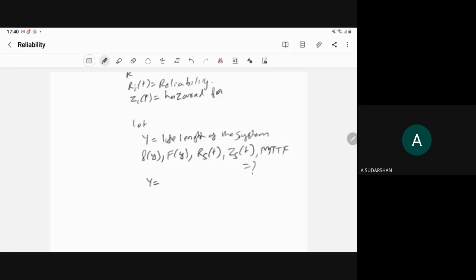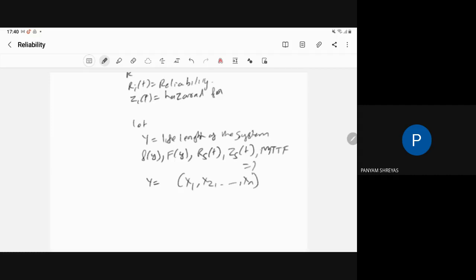Y is the life length of the system. How is it related to the life length of the components? Anyone? Minimum of Xi. Yeah, correct.